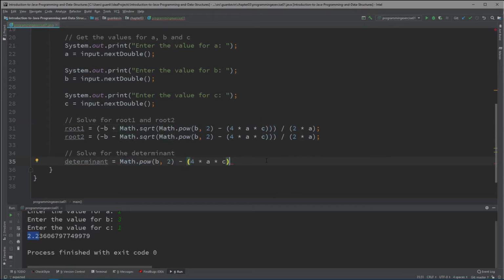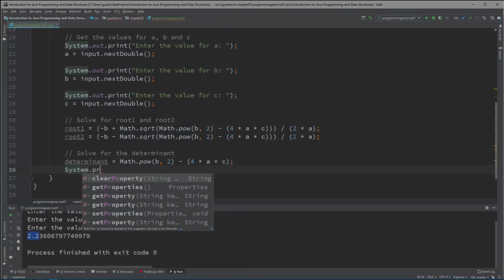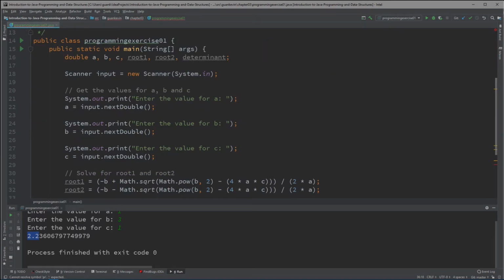All right, now to make sure I did that correctly, system.out. I don't want to keep writing A, B, and C. So what I'm going to do is do Control Shift slash or forward slash to comment this part out.